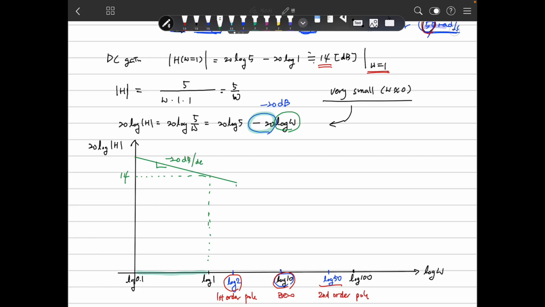But it is so until we meet the pole. When you meet the pole, this is the first of the poles, then what happens? There is a decrease. When you meet the pole, the slope decreases 20 more. So there will be a change in this manner here.